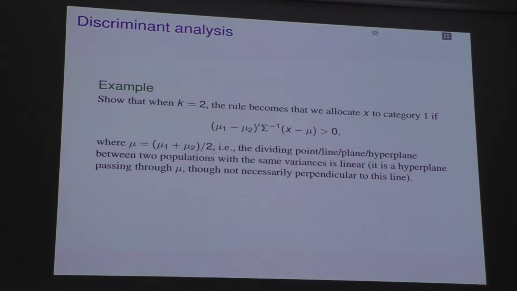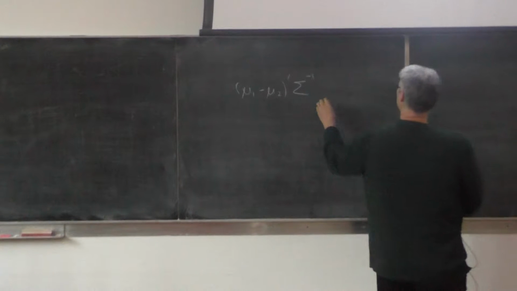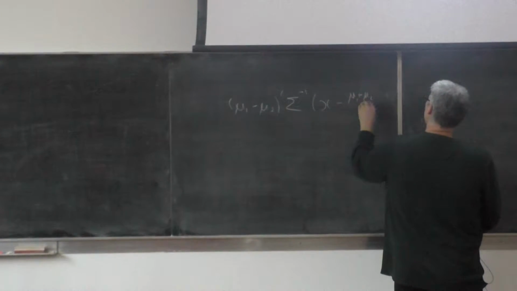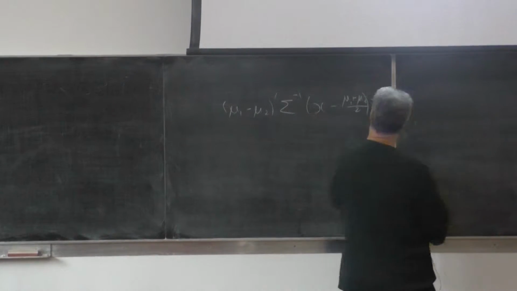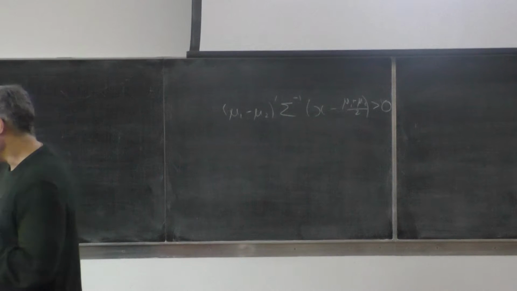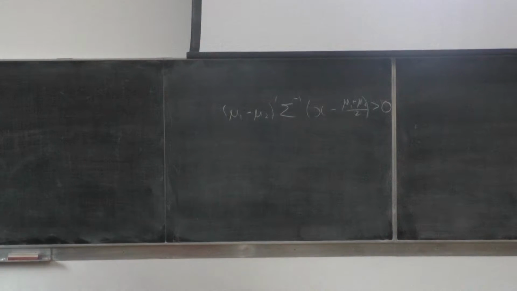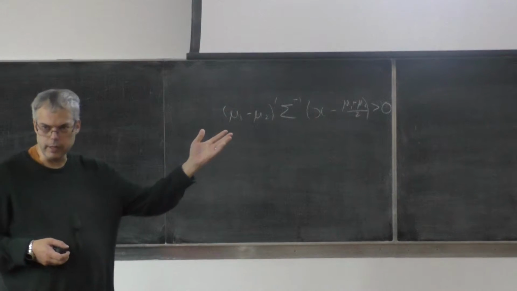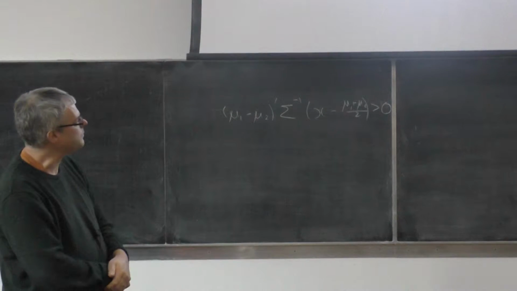So our rule is: if (mu1 minus mu2) dash times sigma inverse times (x minus the mean of mu1 and mu2) is greater than 0, then we allocate a new reading x to class 1, the class that has mean mu1.